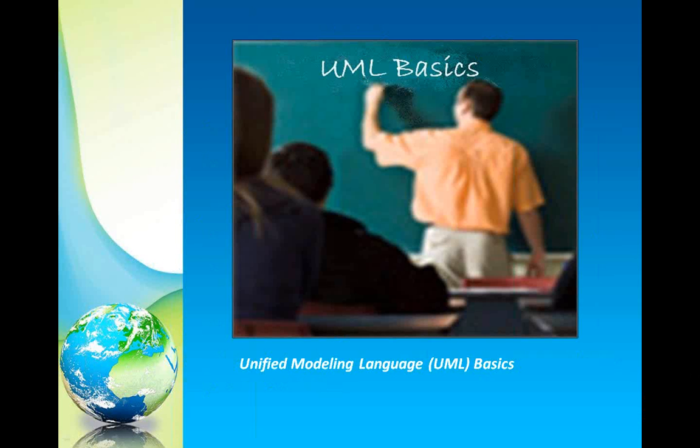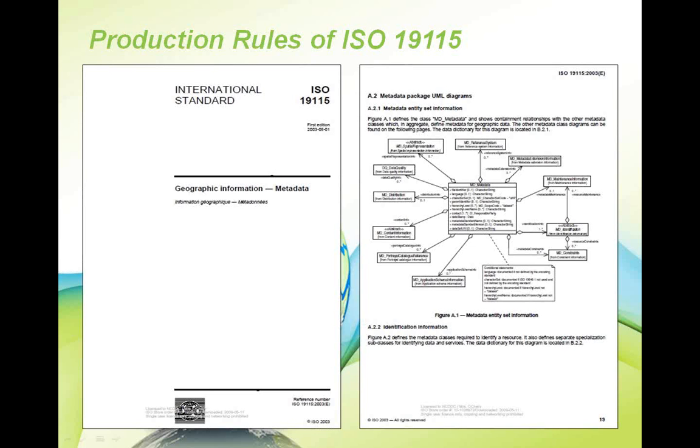So with that, today we're going to go into UML Basics, which is Unified Modeling Language. This is the standard available from the technical committee, TC 211. This is the ISO standard.